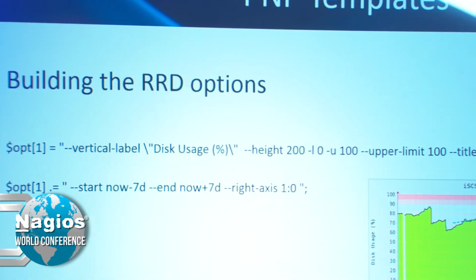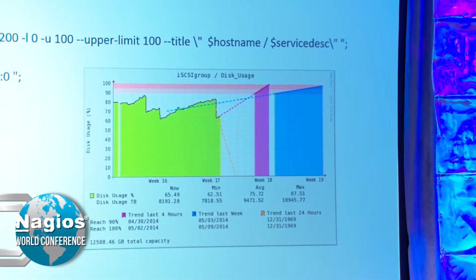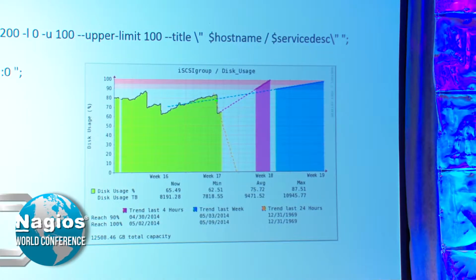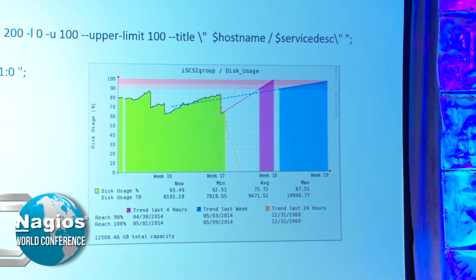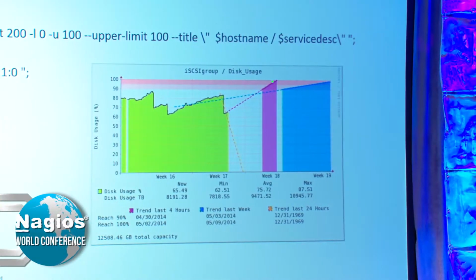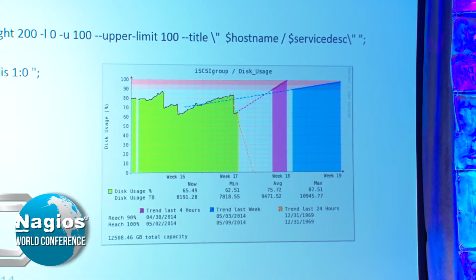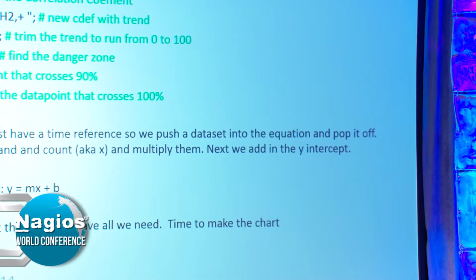Essentially, over here this would be count 0, and we've got the slope coming up, and we're adding it back in. That's what's actually creating this line. This is the CDEF that we just talked about. This little line here, in this case I think this might have been a 4-hour trend, is created by this line right here.